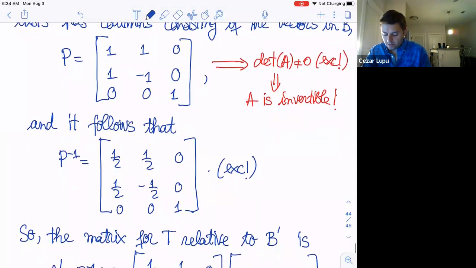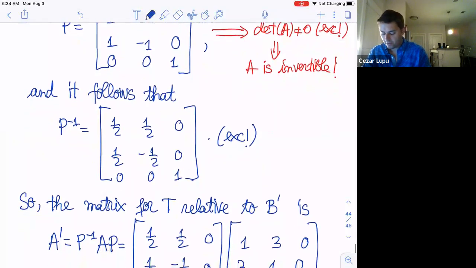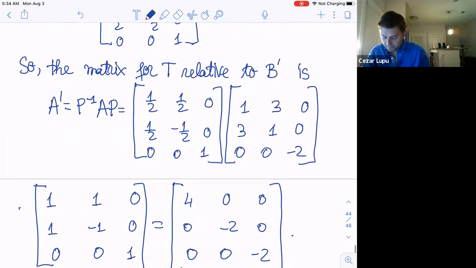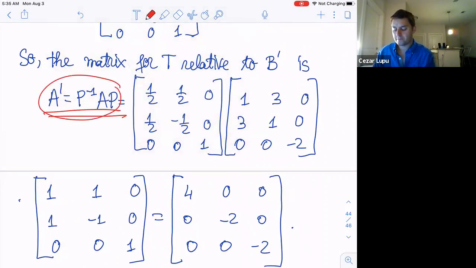Okay, and now the matrix for T relative to B prime, it's clear what we have to do. Again, we're going to multiply 3 matrices. And the computation is right here. So we have this guy here, A prime, again, is P inverse times A times P, and we have to multiply these 3 matrices.